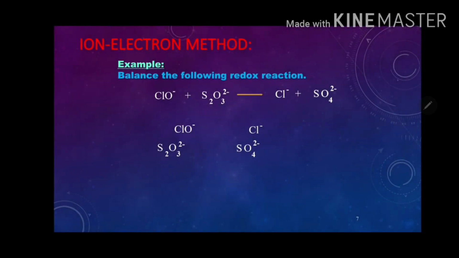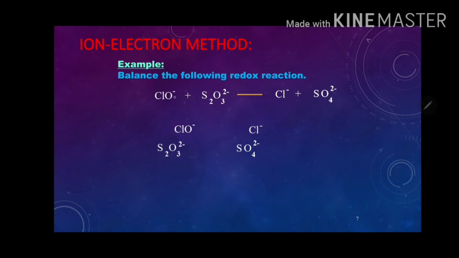So for this question, balance the following redox reaction: ClO minus plus S2O3 2 minus produce Cl minus plus SO4 2 minus. So how to balance this?